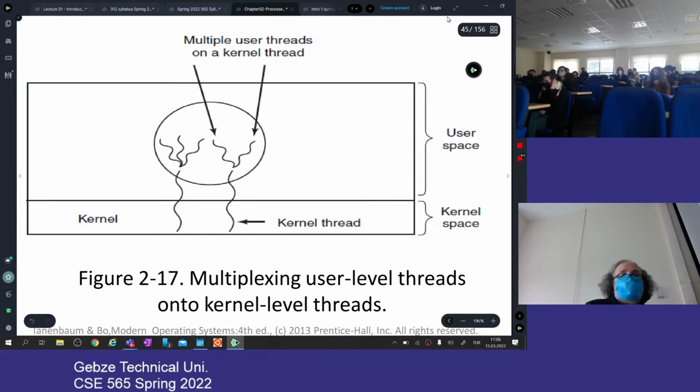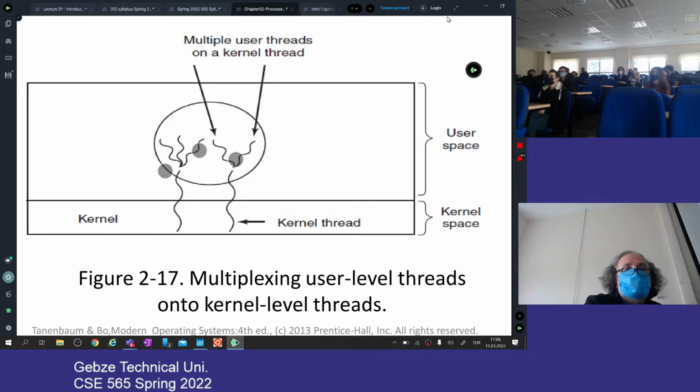So it's again a hybrid approach. Advantages and disadvantages are managed together. There is a trade-off. Even though I am running 5 threads inside this process, the kernel thinks that I am running 2. So the effect of those blocking is about 50% less than the other ways.